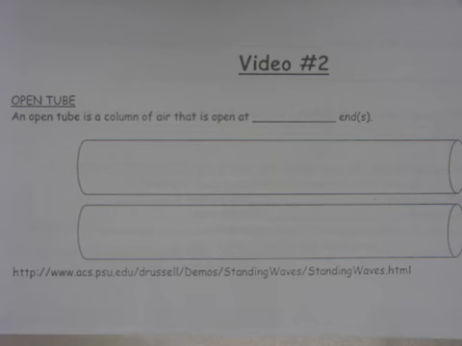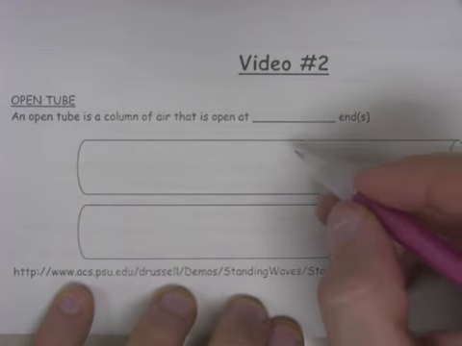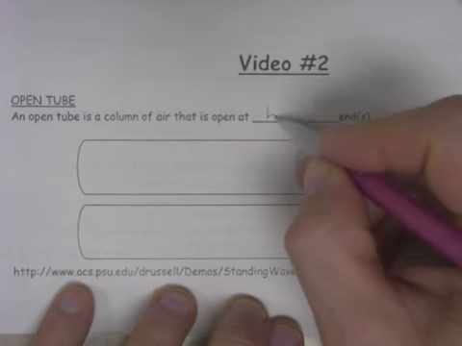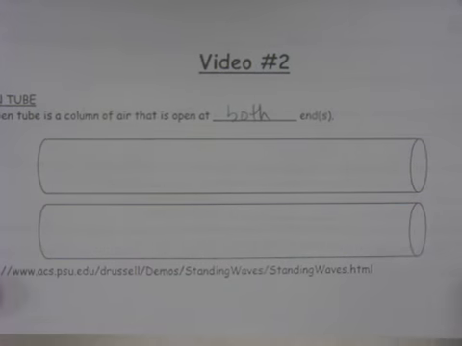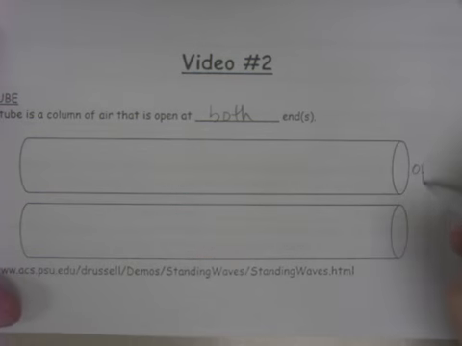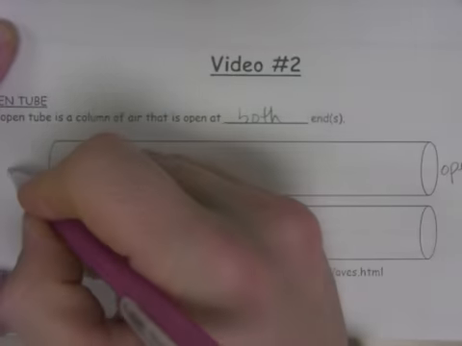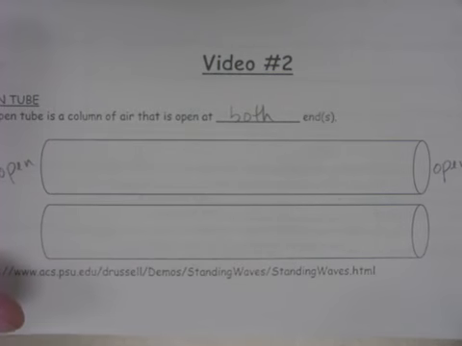I'm going to move along pretty quickly through this. An open tube is a column of air that is open at both ends. We're going to try to illustrate what this actually looks like. An open tube will be open over here and open over here as well, so open on both sides.